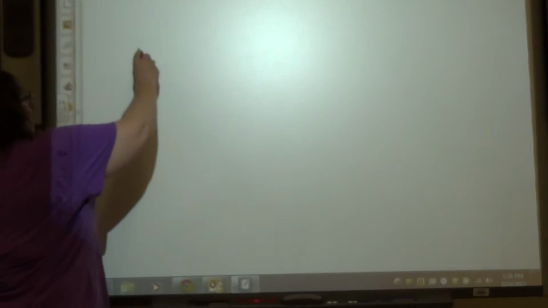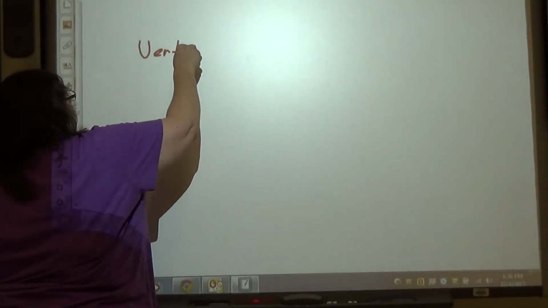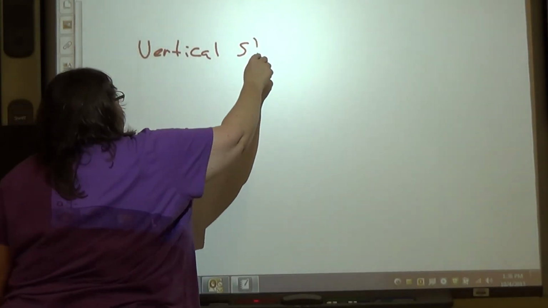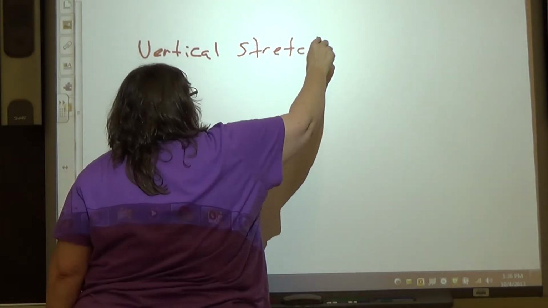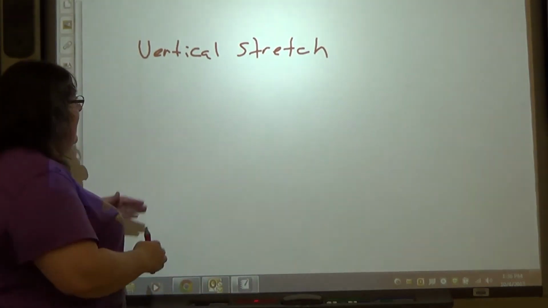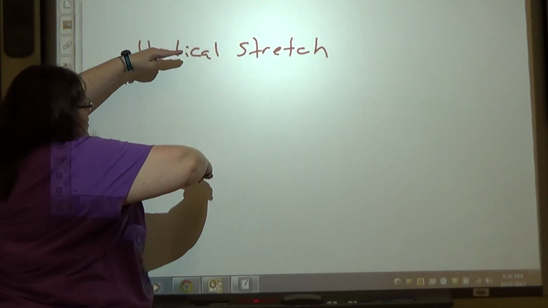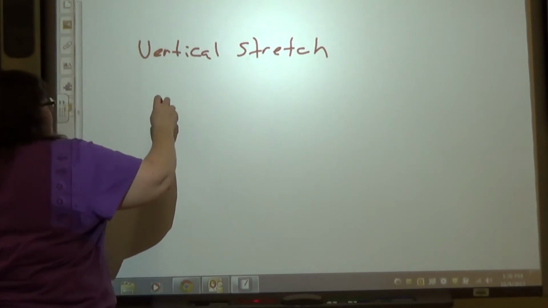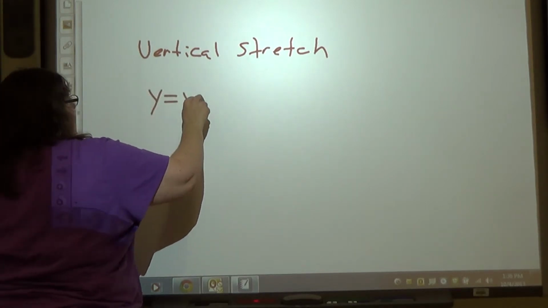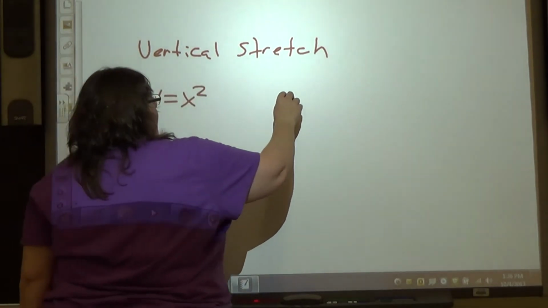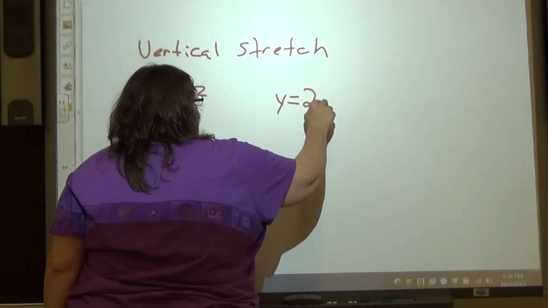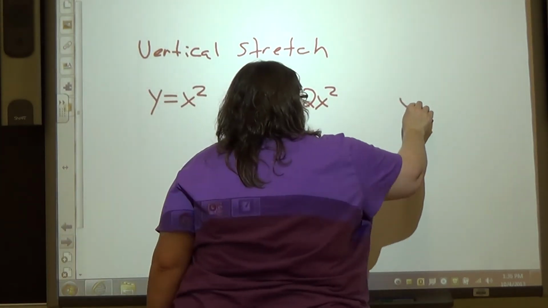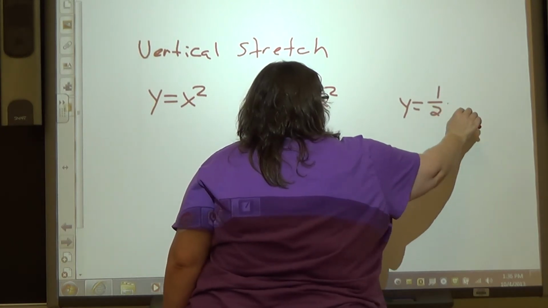Then, we have this thing called a vertical stretch. Okay? What that does is it either shortens your graph or expands your graph. All right? So if I have y equals x squared, and then I have y equals 2x squared, and y equals 1/2 x squared.